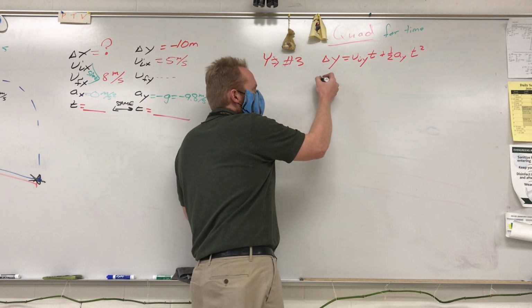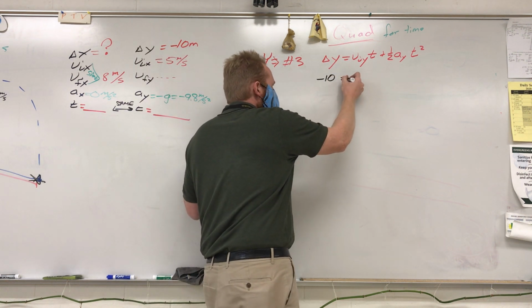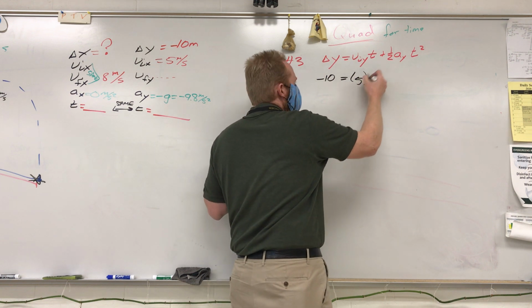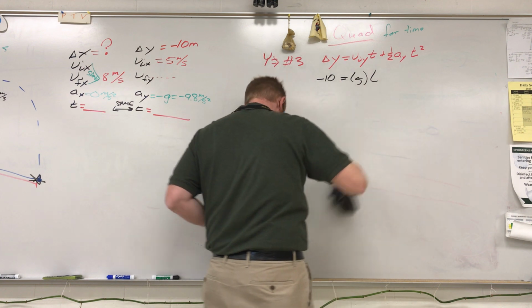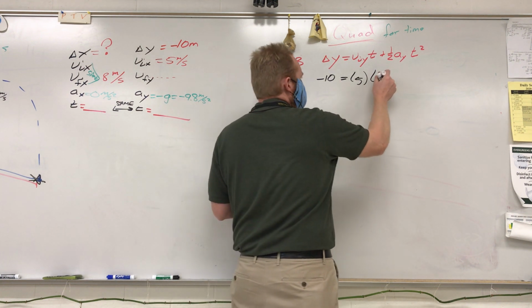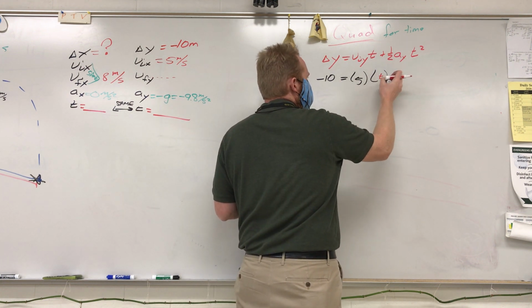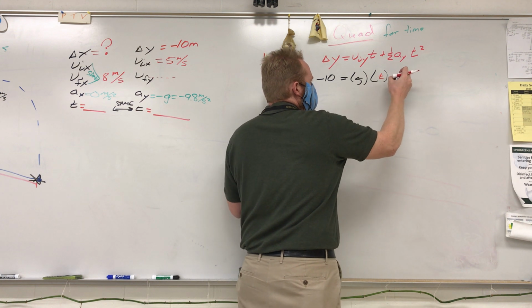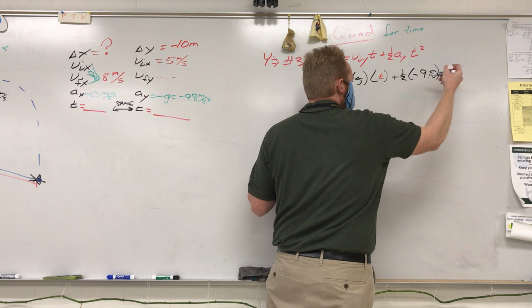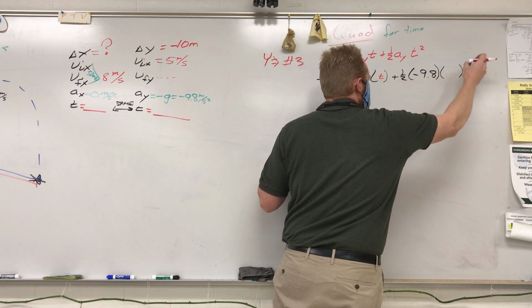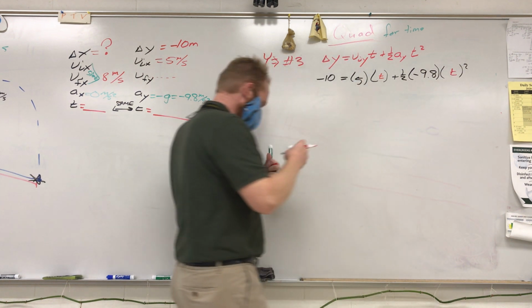So we start plugging numbers in. -10 is equal to 5 times t plus 1/2 times -9.8 times t squared.